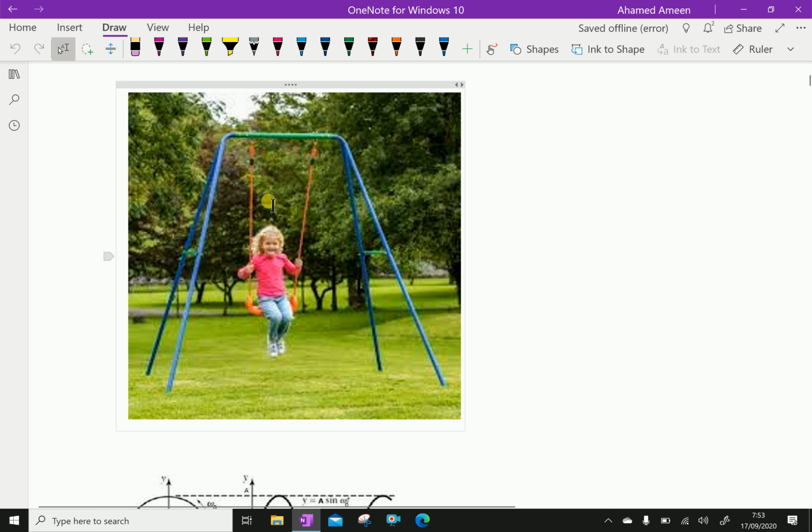That means towards the center, her acceleration is increasing, and from the center going out, the acceleration is decreasing. Like this it swings. So it's a very good example of simple harmonic motion.